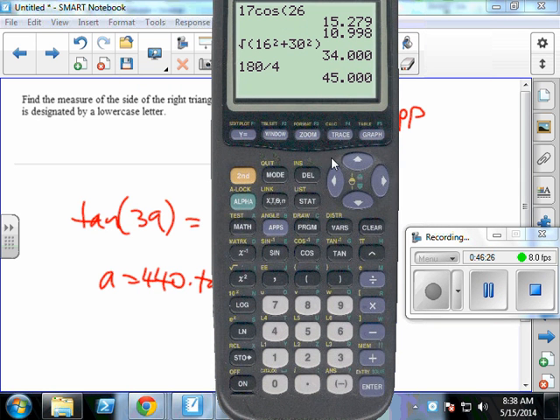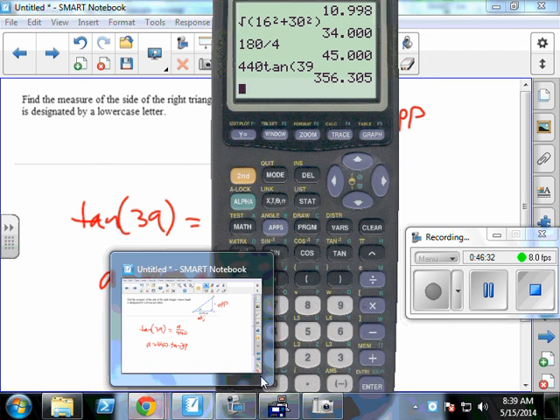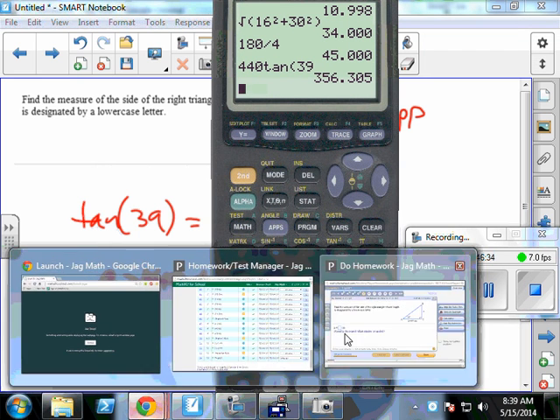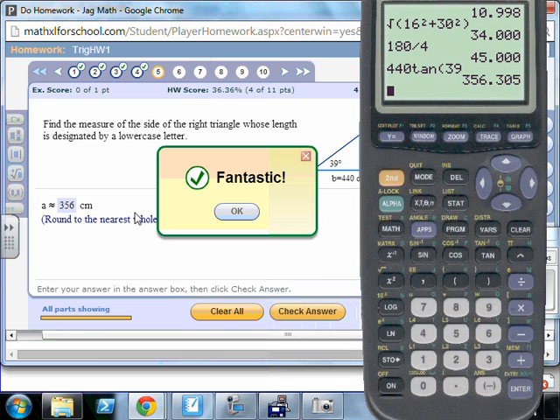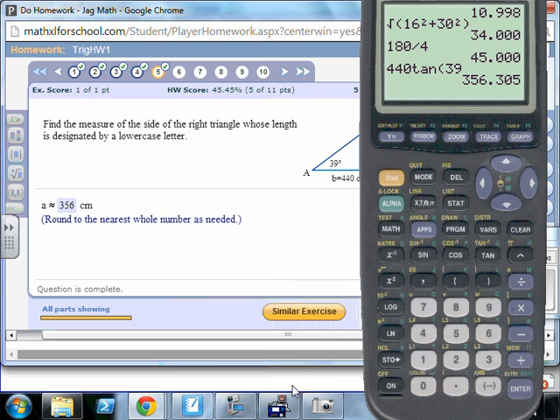So I got 440 tangent 39, and I get 356 and change. 356. There we go. How's everybody doing? Yeah, the rounding can be tricky. Watch that.